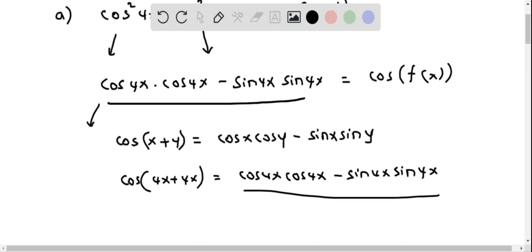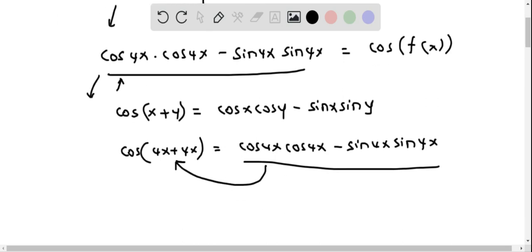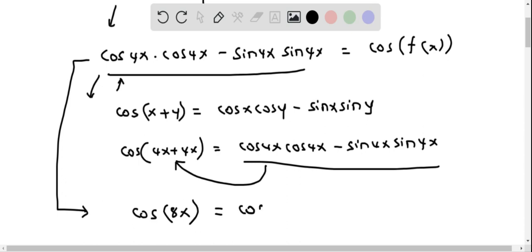And this means I can put this in simplified form as cosine of 4x plus 4x, which is 8x. And on the right side, we have cosine of f of x.